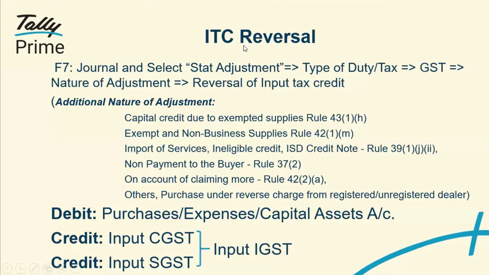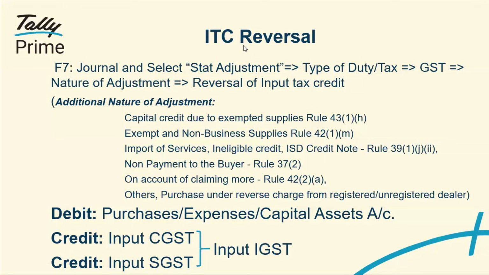The main basic entry for all types of reversals is that I need to reverse the input credit, because once I initially availed that input credit, I put the entry debiting the respective expenses, debiting the tax ledger, and crediting the supplier.